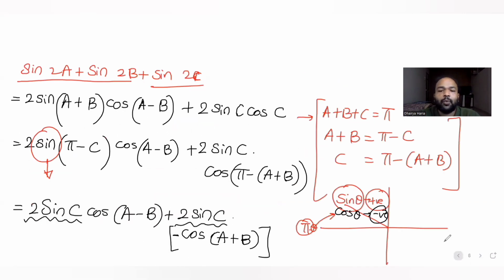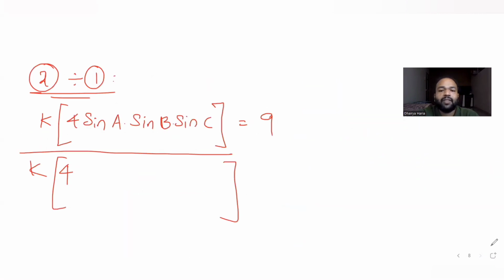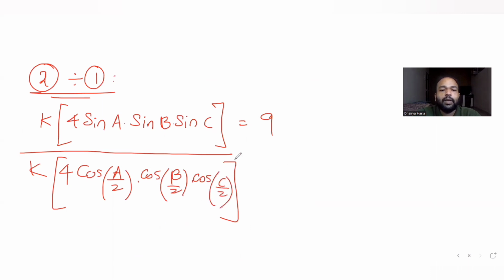Let's see what we have in equation 1. So equation 1 was cos A by 2, cos B by 2, cos C by 2 equal to 8. So you have that as cos A by 2, cos B by 2, cos C by 2 is equal to 18. So I can cancel this out and make this half. K and K get cancelled, 4 and 4 get cancelled. We are left with sine A, sine B, and sine C.